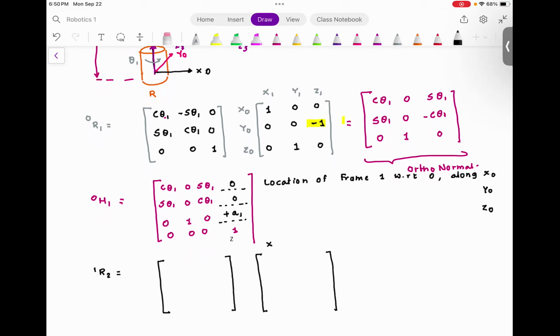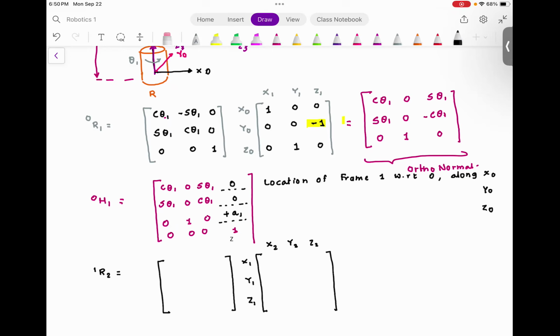Remember, you are going from frame 1 to frame 2. So you have x2, y2, z2. You have x1, y1, z1. Everyone understood? You are going from frame 1 to frame 2.